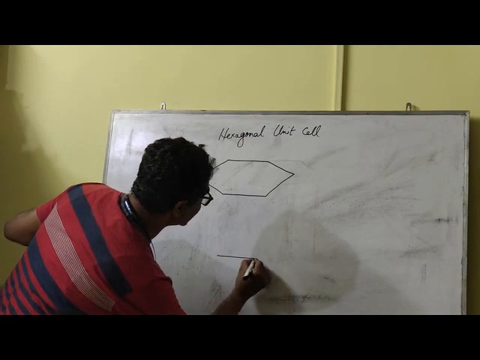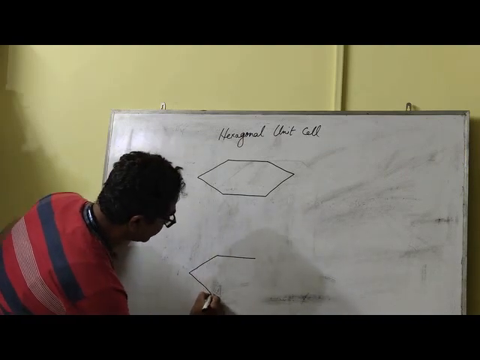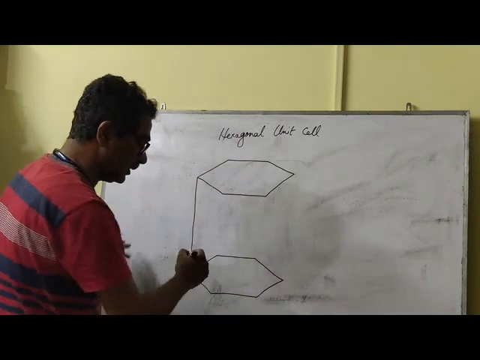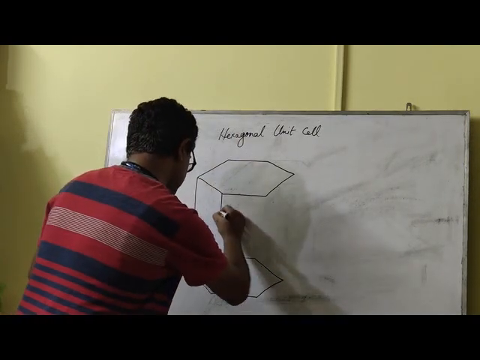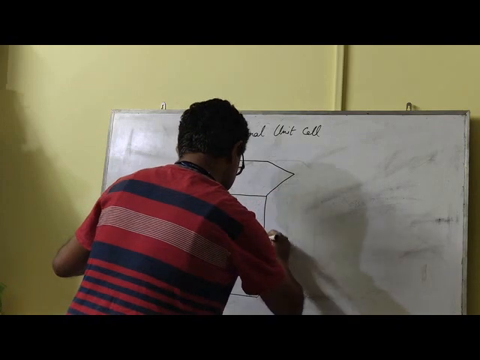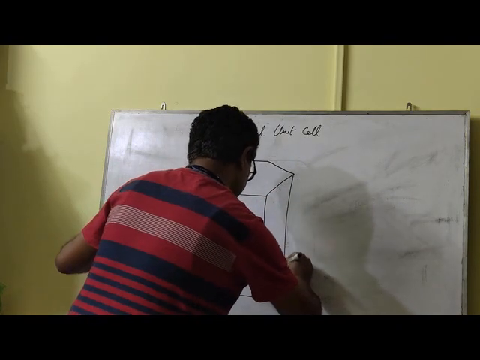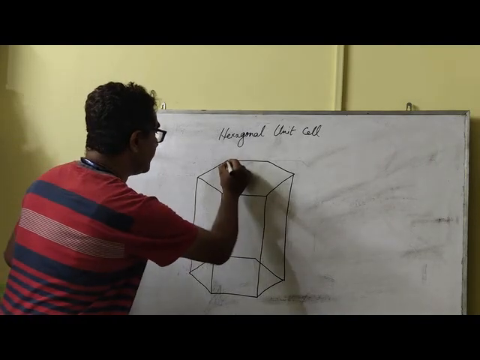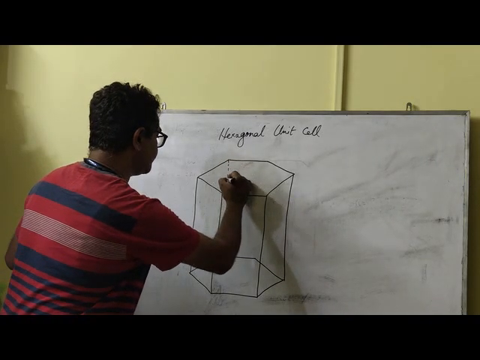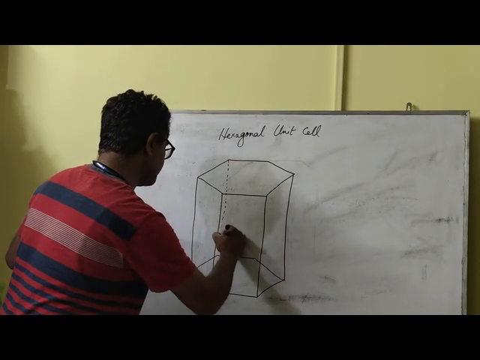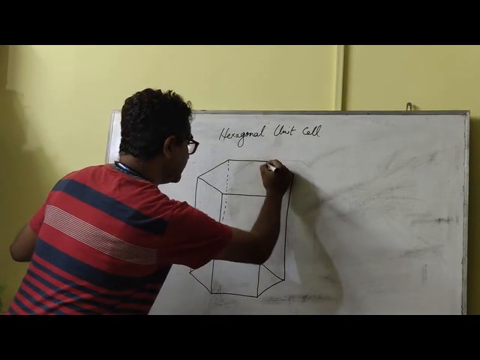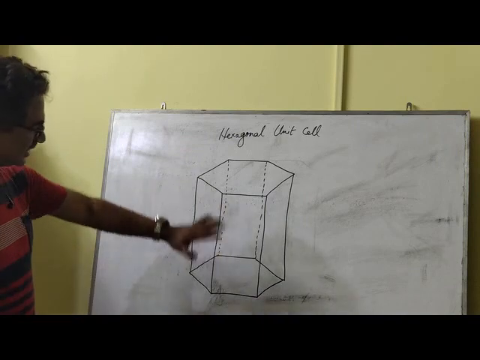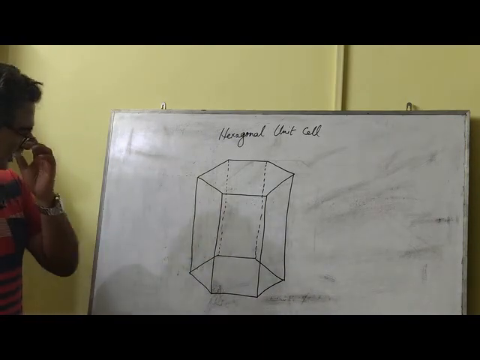And of course, it's a freehand drawing. So here we have the hexagon and the back ends I'm drawing using dotted lines. This is at the back end of the hexagon. This is the front end. So we have a hexagon over here.